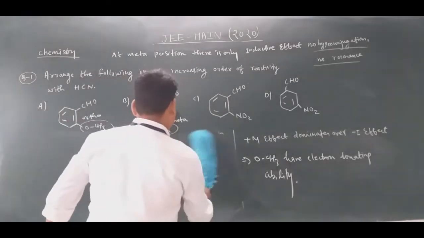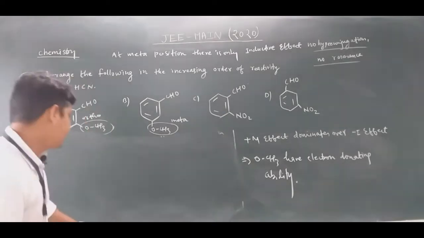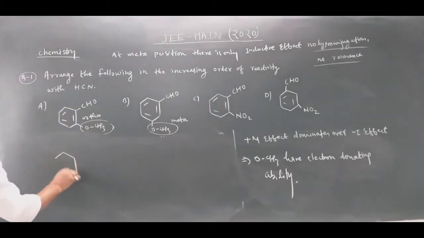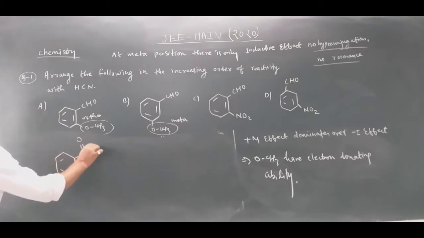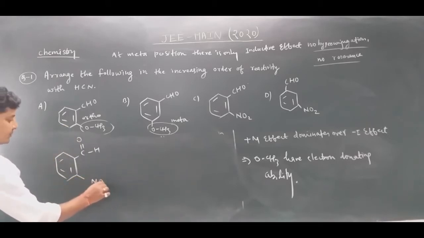Okay, students, what is here in the C? See here. C is basically a benzene attached to aldehyde group, and here at ortho position there is a nitro group.